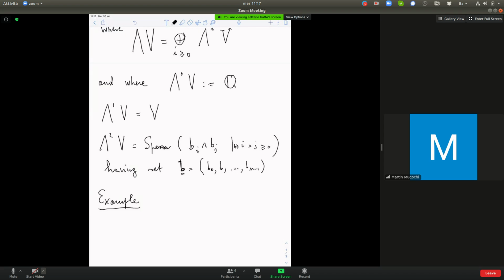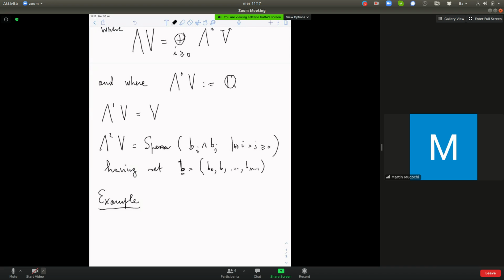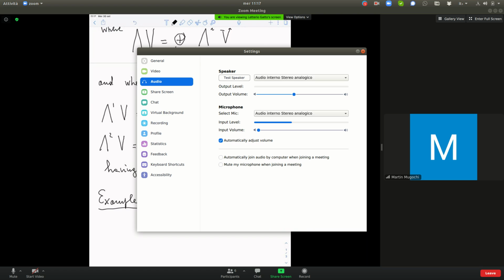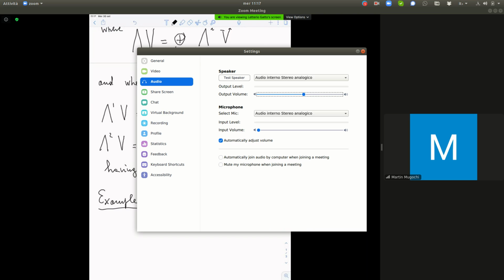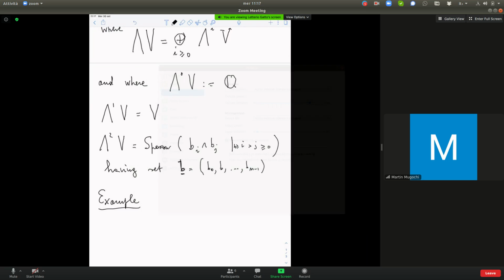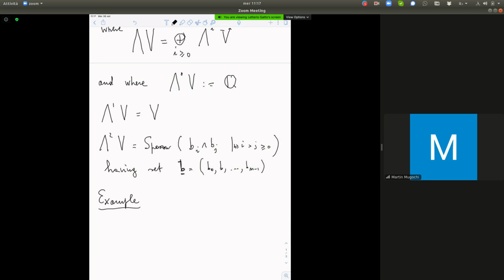I'm finding it. Just let me only to increase the volume because audio. Let me see output volume. Okay, say again. Volume is fine. We can hear you. Say again. Can you hear me clearly then? Yes, now better. Yes. Okay.